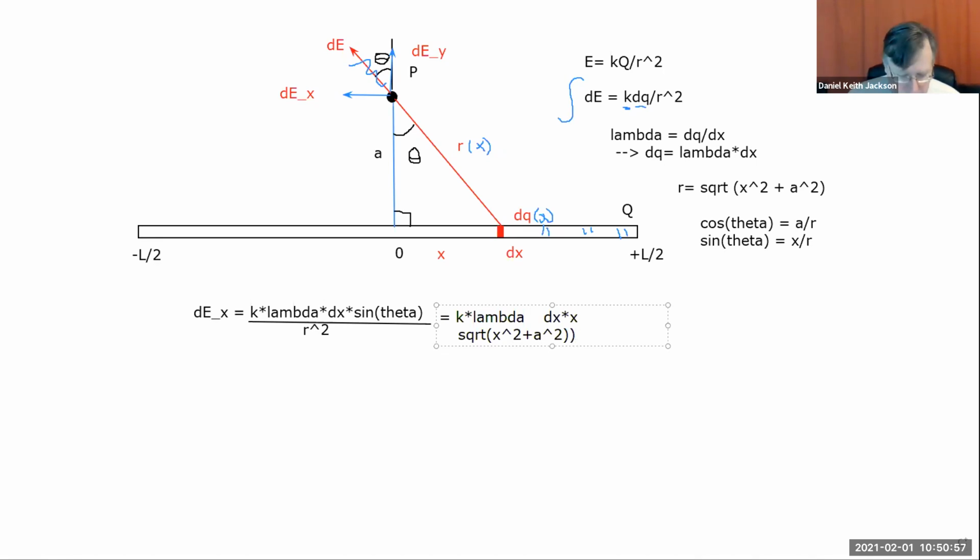Now that whole thing will have to be squared because it's R squared, basically. And then I have another one, which is going to be times the square root of x squared plus a squared.